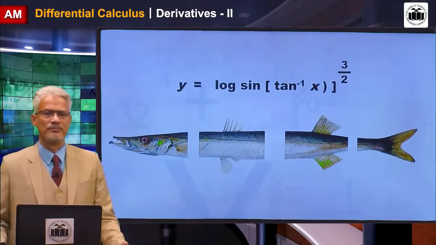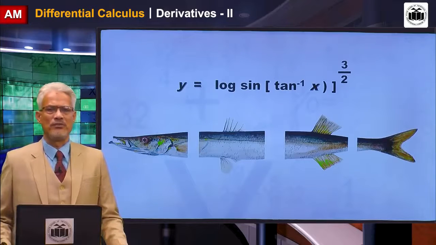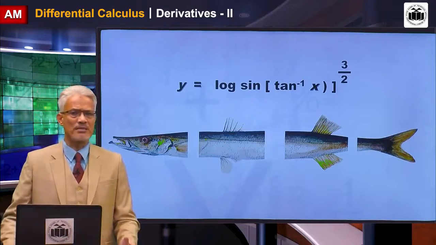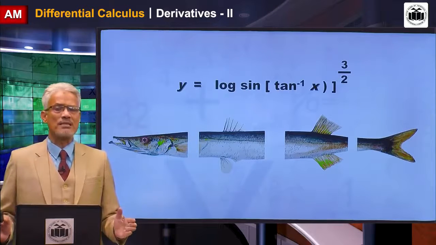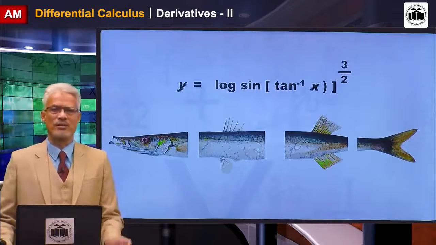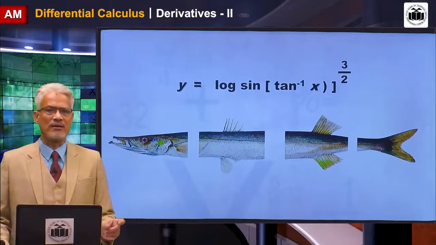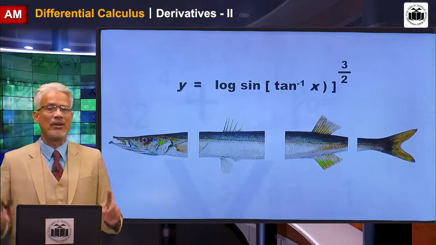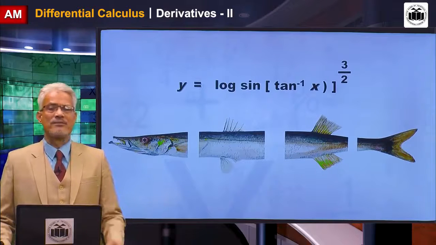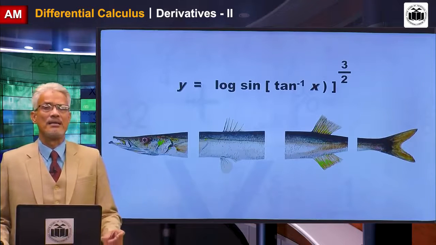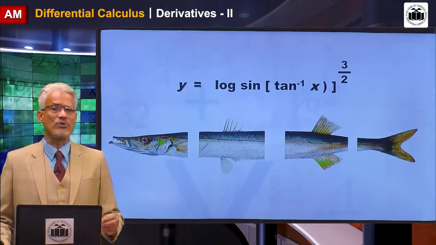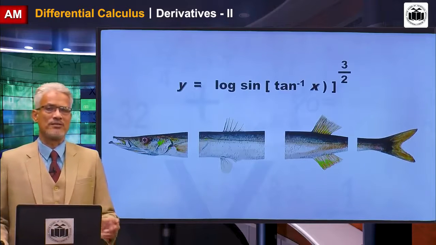Here in this example, whenever you are solving a problem of composite function, where two or more functions are clubbed together, there is a log function, sine a trigonometrical function, tan inverse x an inverse function, along with the index 3 upon 2. You always take the index as the head. That means you have to differentiate, you have to cut 3 upon 2 first.